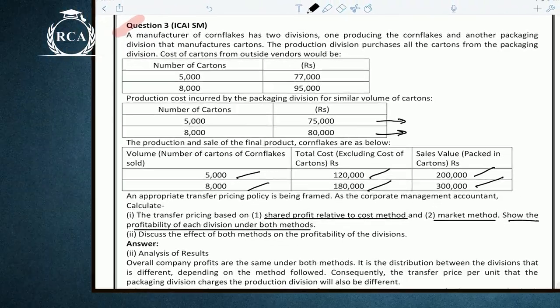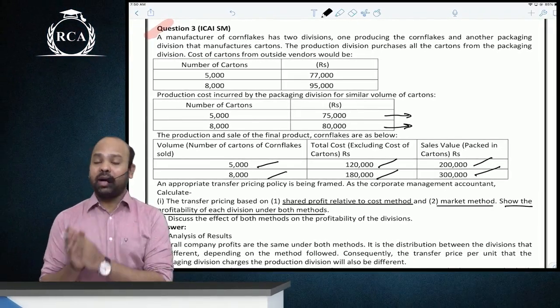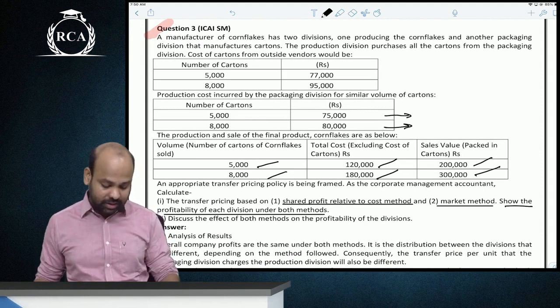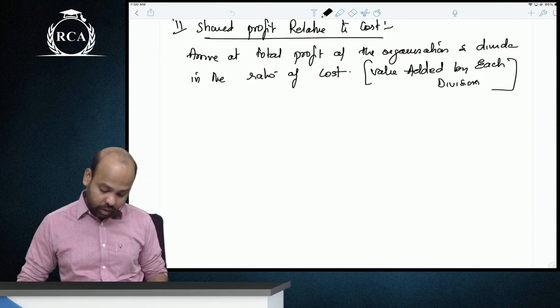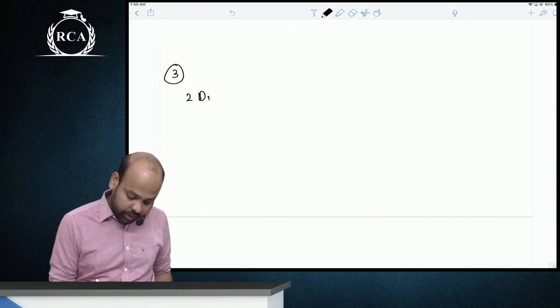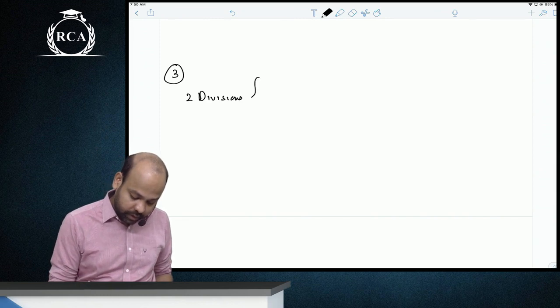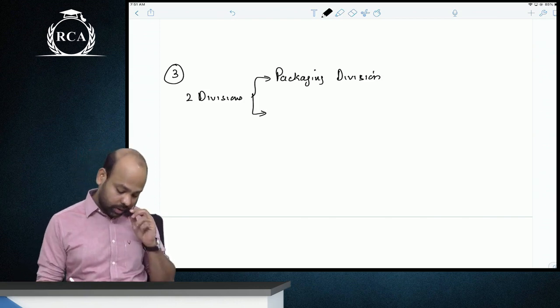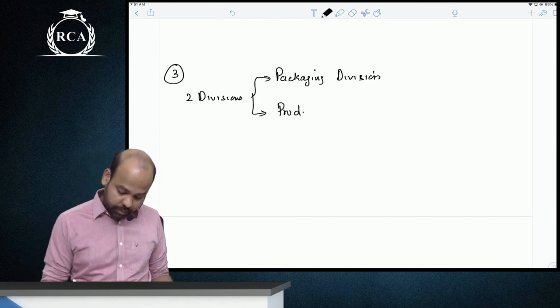Here, what they gave is the market price if you procure 5,000 packets from outside: what will be the cost? In question number 3, please understand that there are two divisions: the packaging division, and the other one, the production division.